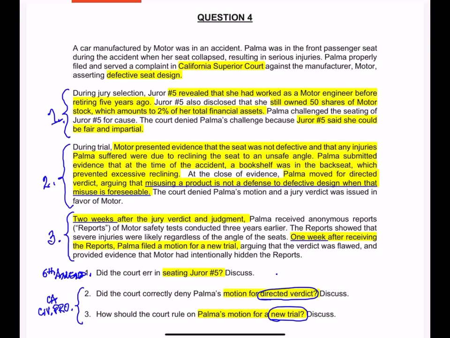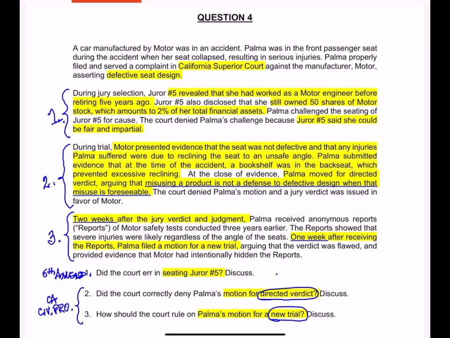That last paragraph says 2 weeks after the jury verdict and judgment, Palma received anonymous reports of motor safety tests conducted 3 years earlier. 2 weeks after the jury verdict and judgment. The clerk of the court has 24 hours to enter the judgment. So we're 13 or 14 days past the entry of that judgment.